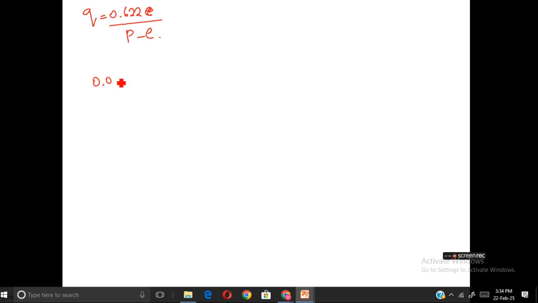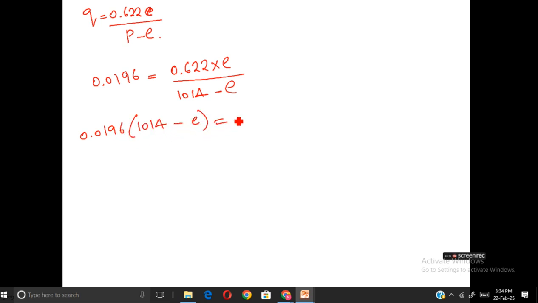So 0.0196 is equal to 0.622 into E divided by P minus E. The value of total pressure is also given as 1040. So we calculate 0.0196 into 1040 minus E is equal to 0.622 E.